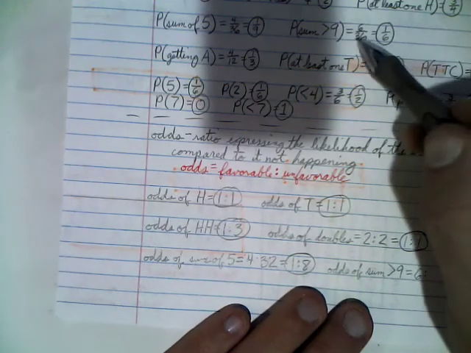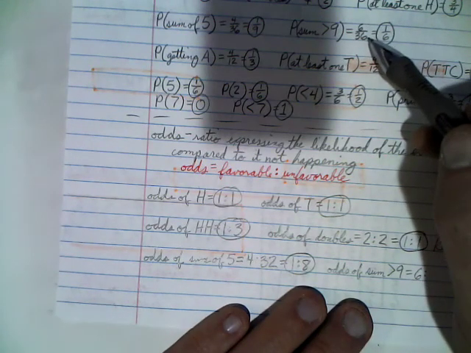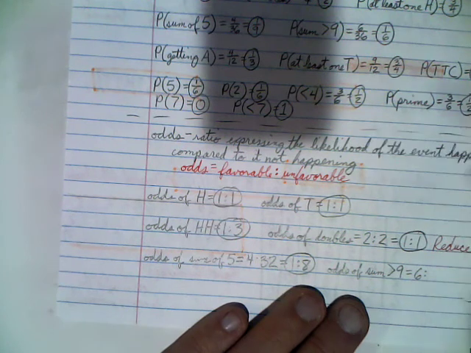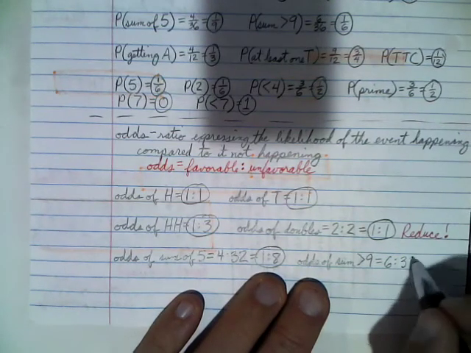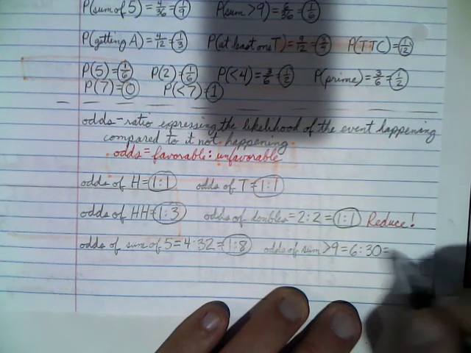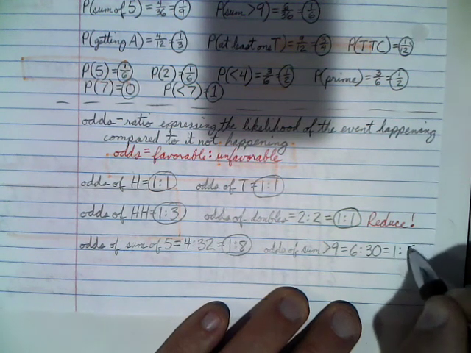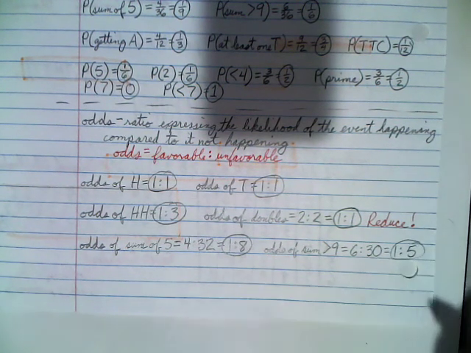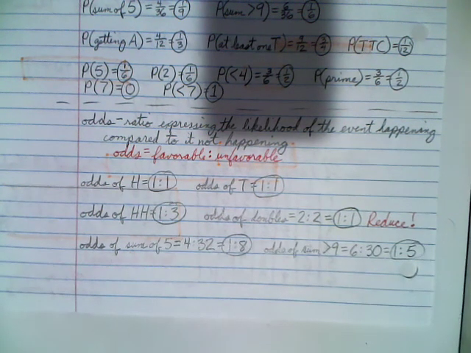Now, if there are 36 possibilities, well, then how many don't match? Well, 36 minus 6 means there must be 30 that don't match. 6 goes into each of these. 6 goes into itself once. 6 goes into 30 5 times. It's a 1 to 5 ratio. So for every 1 time I get a sum greater than 9, I expect about 5 times I'm not going to.